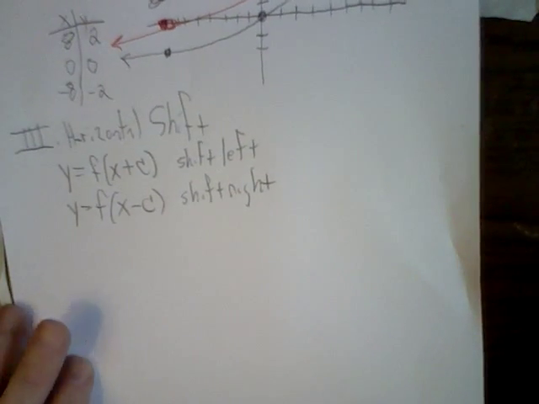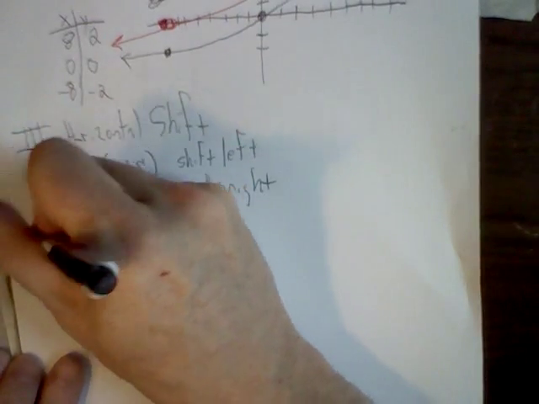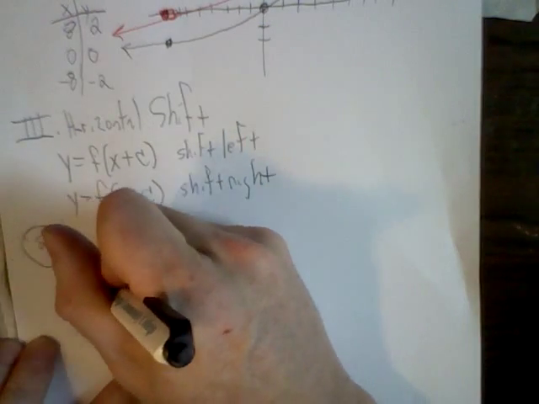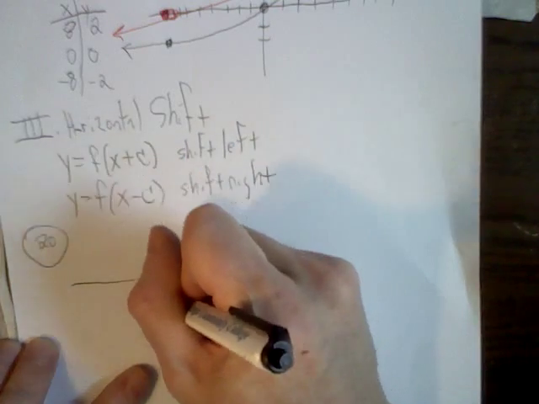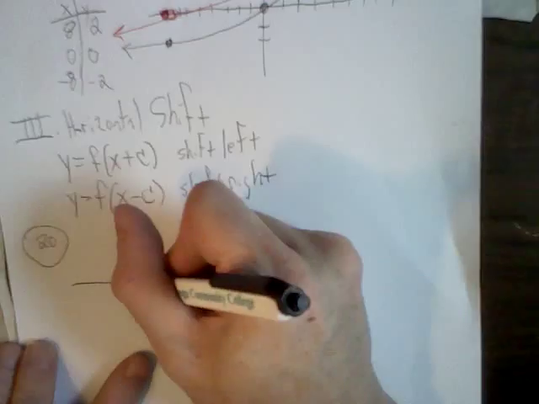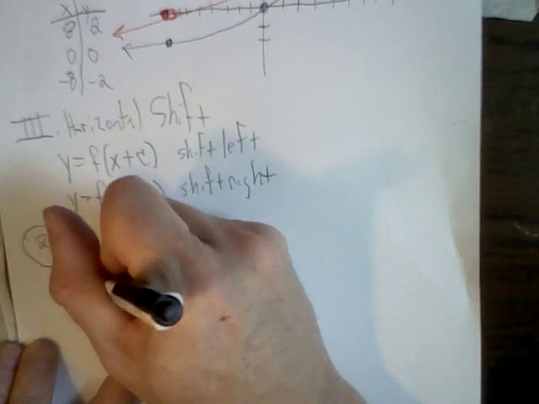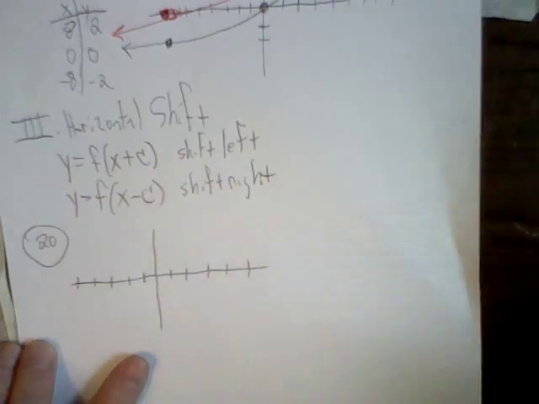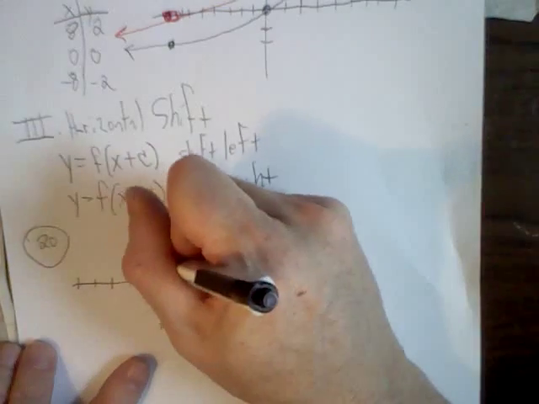This time we have kind of a fabricated graph in the book for number 20. I'll try to draw it as well as I can. I need 5 tick marks on the negative arm of the y-axis, 5 tick marks on the positive arm of the x-axis, and then I'm going up 2.